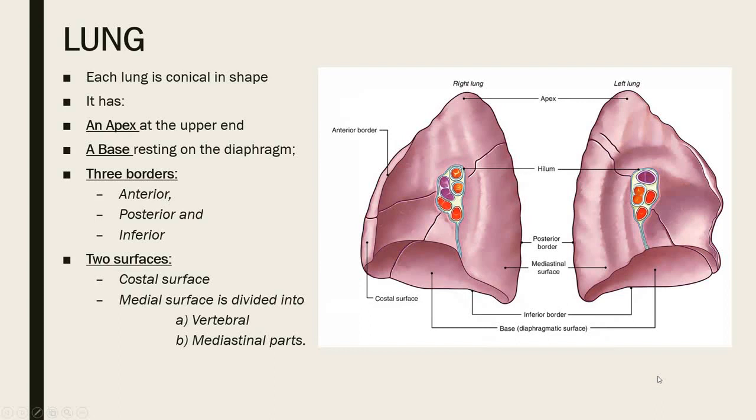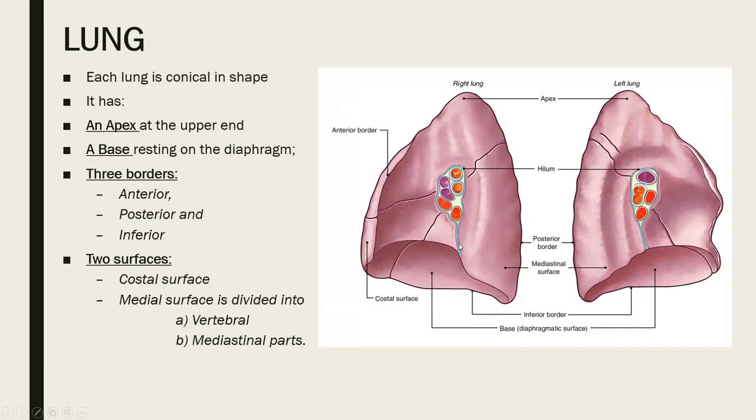Now let us see some of the features of the lung. Each lung is conical in shape. It has an apex at the upper end and a base that is resting on the diaphragm, three borders: anterior border, posterior border and inferior border, and two surfaces: the costal surface that we cannot see in this picture, which is on the opposite side, and the medial surface, which is obviously over here.